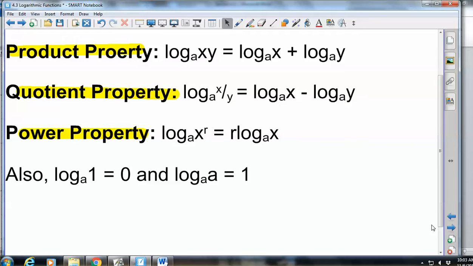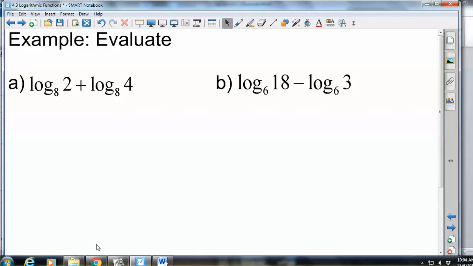So those are properties that can be useful to remember, but it doesn't take a lot of effort to think through it if you were to forget that it's a rule. Okay? So what we're going to do is just practice using some of these properties. We're going to start out with fairly basic ones today. Tomorrow we'll get into some of the more complicated expressions. But let's say I asked you to evaluate this.